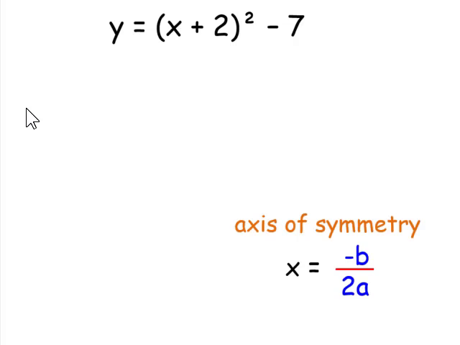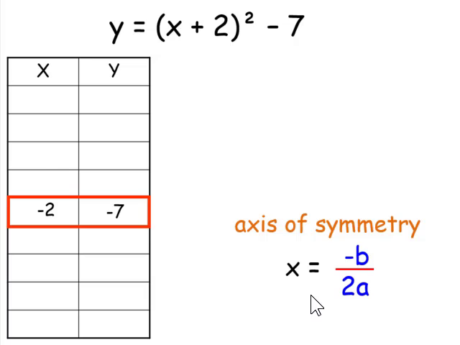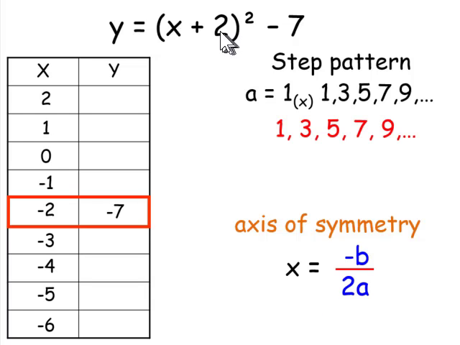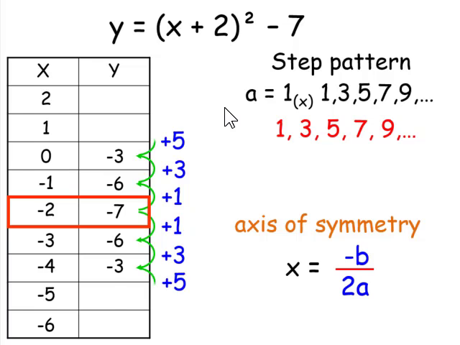When you see this, there's no need to calculate the axis of symmetry. The axis of symmetry is already given. Then we could just use our step pattern: 1, add 3, add 5, add 7, and you're done graphing.